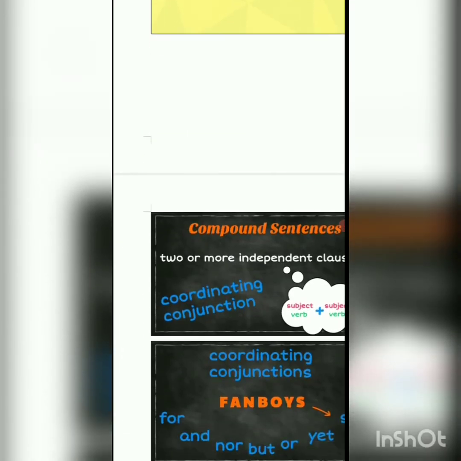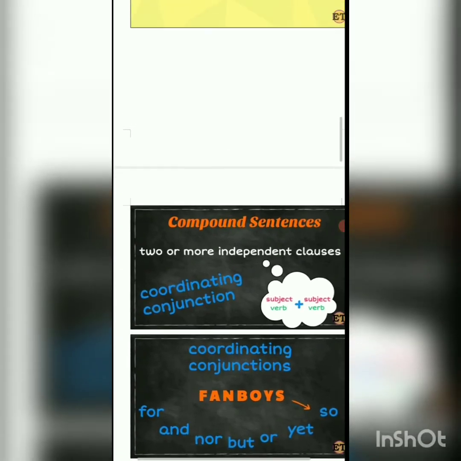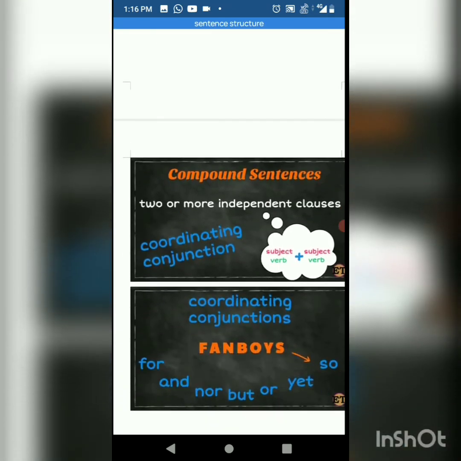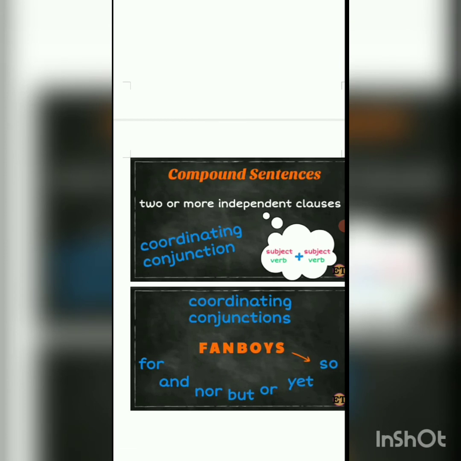Children, when you move to compound sentences, they are made up of two or more independent clauses, whereas a simple sentence is made up of only one independent clause. Okay, and in a compound sentence we have two or more independent clauses.